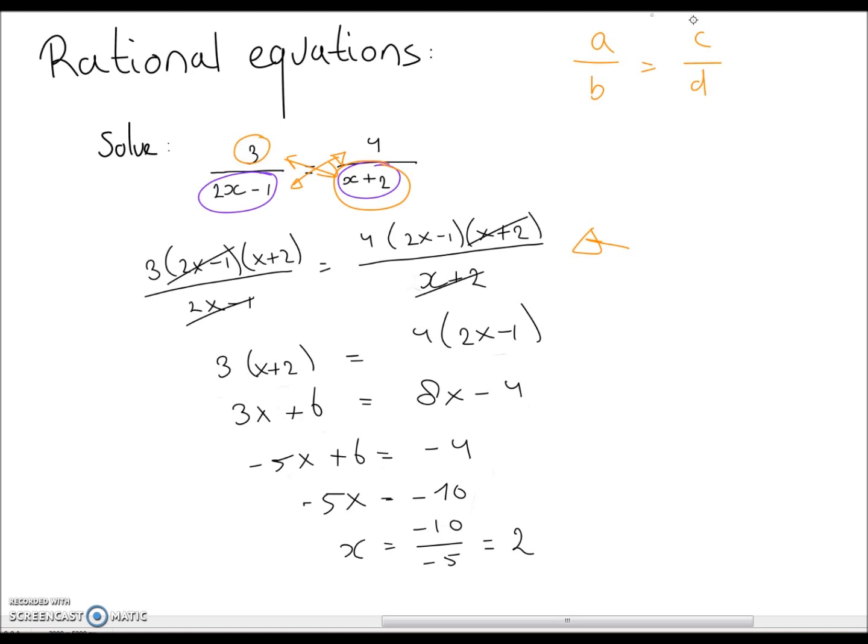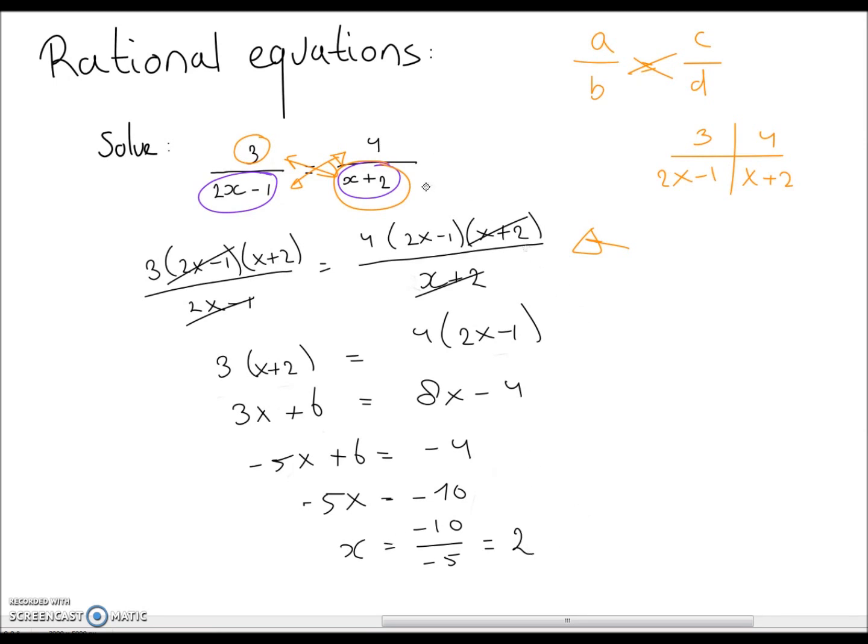If this is all you have in an equation and there's not something like plus 3 behind it or something, if I only have a fraction is equal to another fraction, I can use cross multiplication, just like you would do in a ratio table. It's not unlike that.